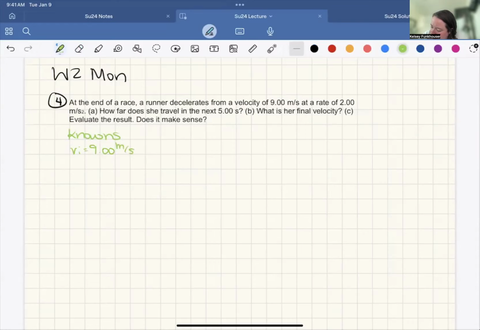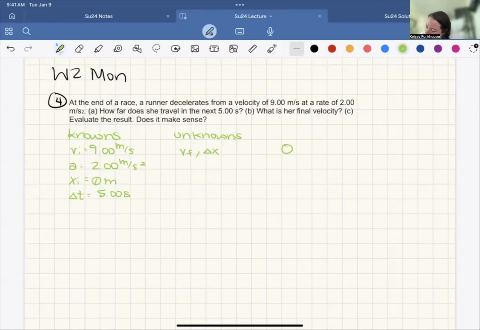We know acceleration is negative 2.00 meters per second squared. We can say our initial position is 0. Oh, and we are given a time interval of 5.00 seconds. Unknowns, the final velocity and the displacement, although we're not asked for the displacement.